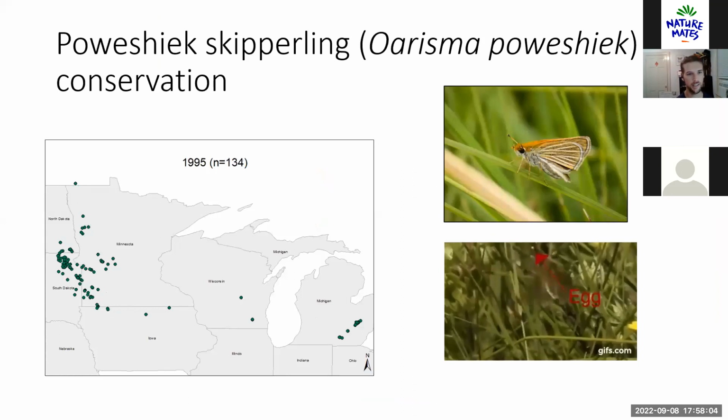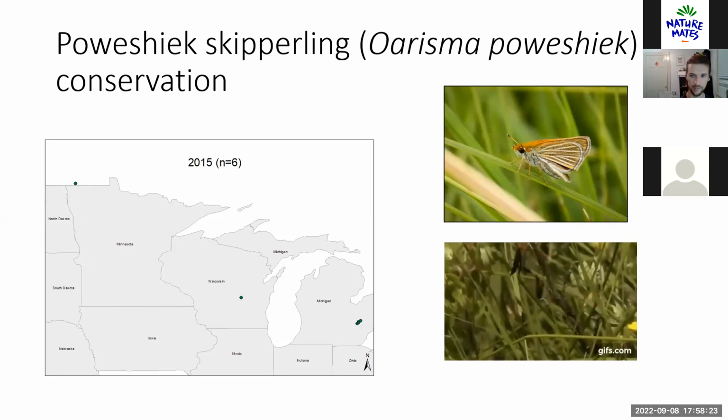As demonstrated by this map on the left side, the Poweshiek skipperling used to be found at hundreds of sites throughout the Great Plains of the US, but its range drastically shrunk over recent years, and it's now found at only a few sites in Michigan and Manitoba, Canada. During my master's, I took approaches from both field ecology and data science to learn more about the ecology of these species.